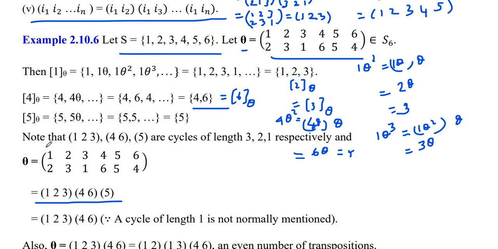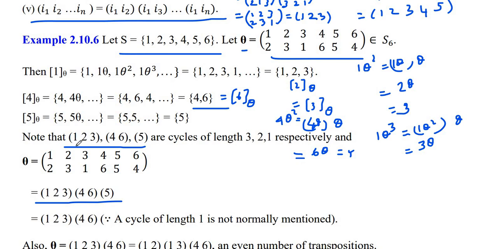The corresponding cycle is denoted with ordinary parentheses, and some books have commas separating the elements, but here we are not using that. This notation only we use for the cycle. So once you determine the orbit, you can always have the cycle.